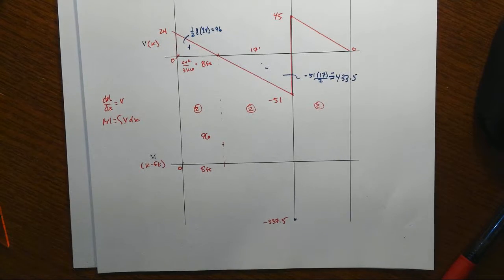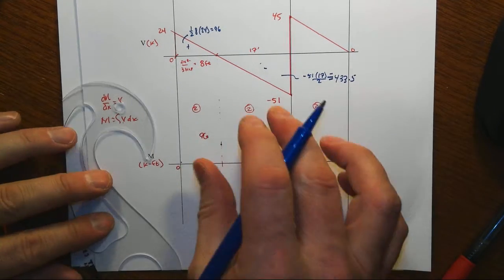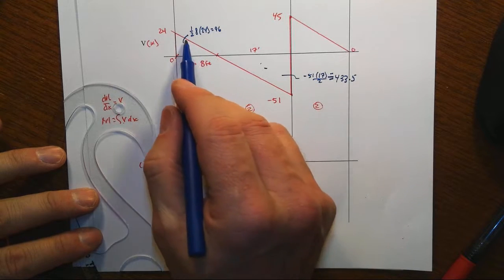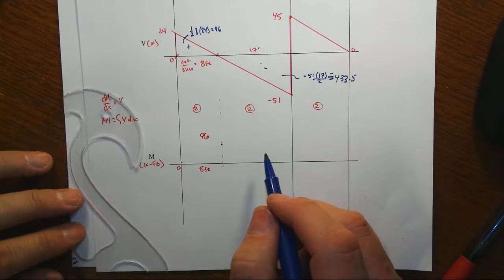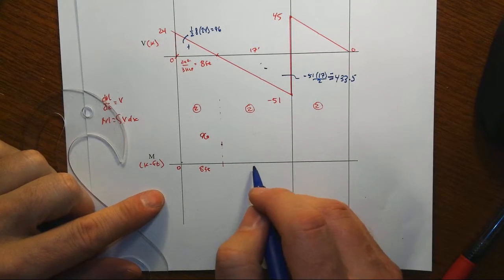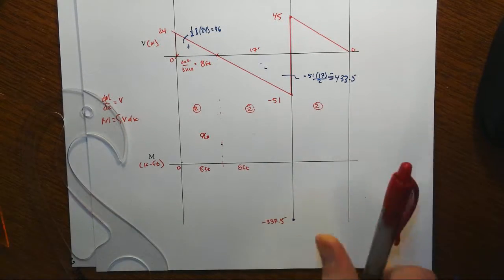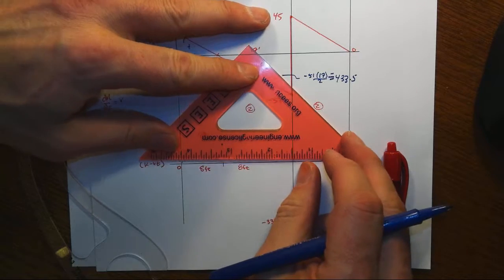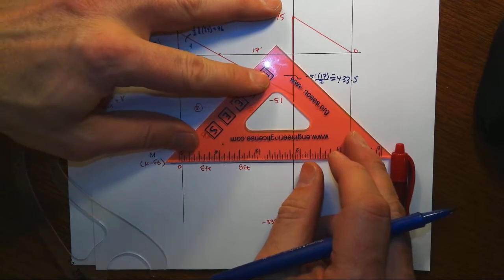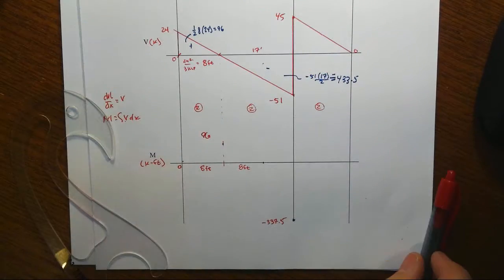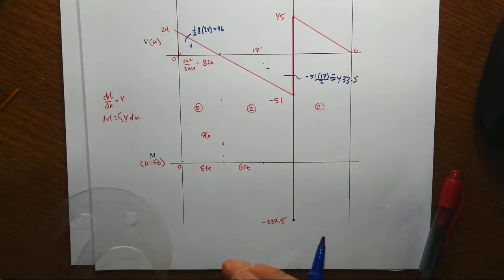So now we've got to be thoughtful and careful about how we draw this. We want zero slope where the maximum is. We have a constant rate of change of the slope of the moment, so that means we actually have a symmetric looking kind of thing going on here. So 8 feet on either side is where the zero moment is located.